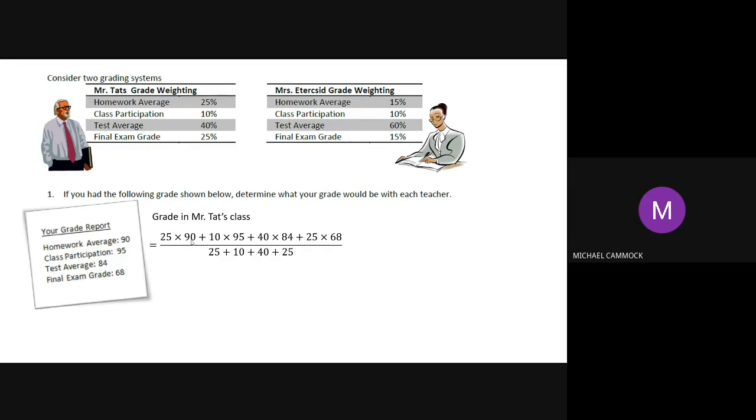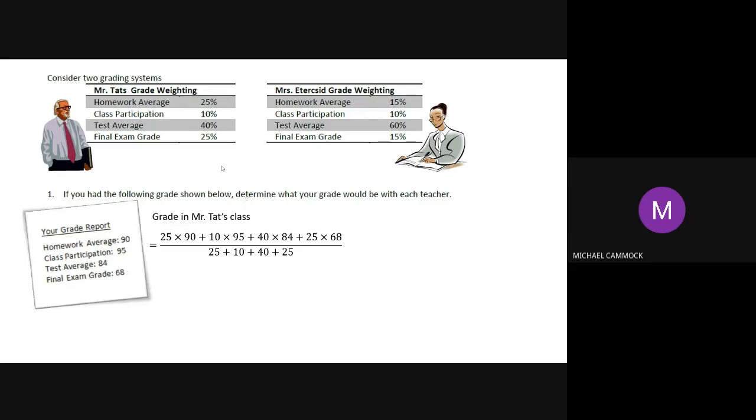So take what you got in homework, multiply by the weight, plus 10, because it's 10%, times that grade, so 95, plus 40, which is the weight for that category, times 84, plus 25, which is the weight for that category, times 68. Now, what am I going to divide that by?